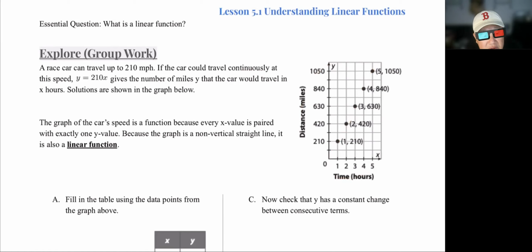And the graph of the car speed is a function, right? The keyword here is a function. Let's underline that, shall we? Because for every x value, it is paired with exactly one y value, right? And because the graph is also a non-vertical straight line, it is also a linear function.